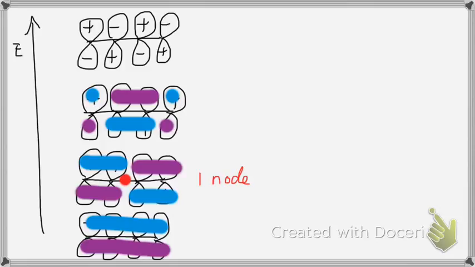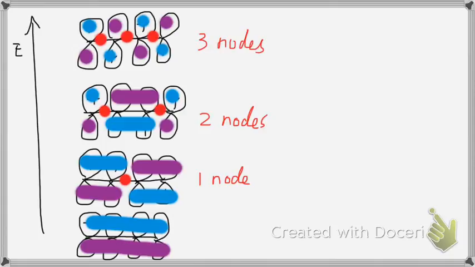The third molecular orbital will have two nodes, while for the highest energy orbital, there will be no overlapping, so there are three nodes. So these are the four molecular orbitals formed from the original four p atomic orbitals.